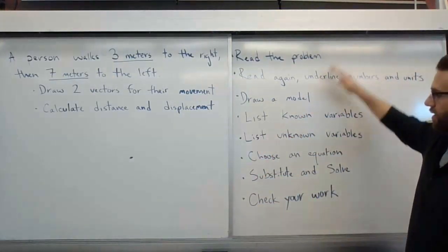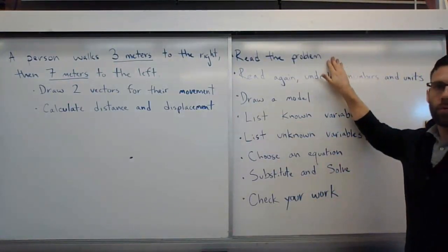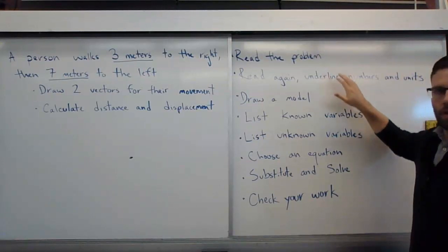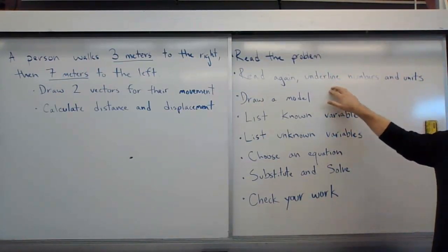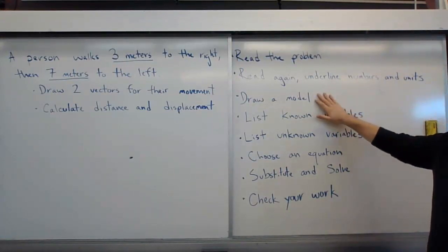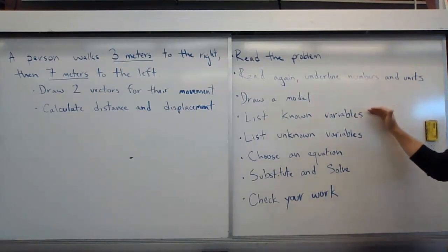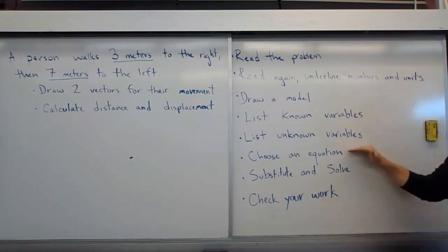So here's a list of the steps that I want you to follow. First is just read the problem. If I give you a word problem, read it carefully. Then read it again, and then underline the numbers and the units. Then I want you to draw a model if you can. List the known variables, list the unknown variables, and then based on that, you might be able to choose an equation that would help you find the unknown variable.